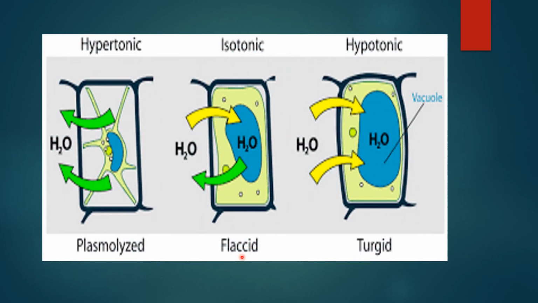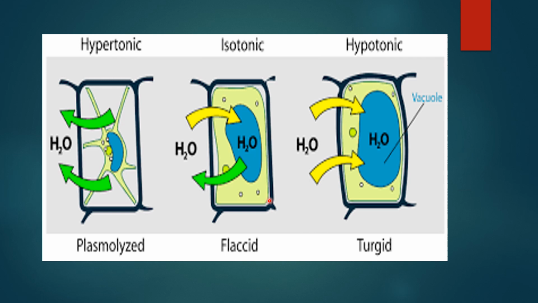In this picture, you can see that when plant cell is present in water in hypotonic solution, water is continuously entering into the cell and then into the vacuole. As a result, the cell is becoming turgid. In isotonic solution, the water going in is equal to the water going out.